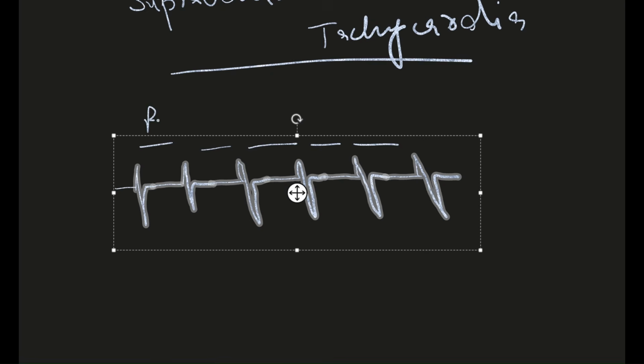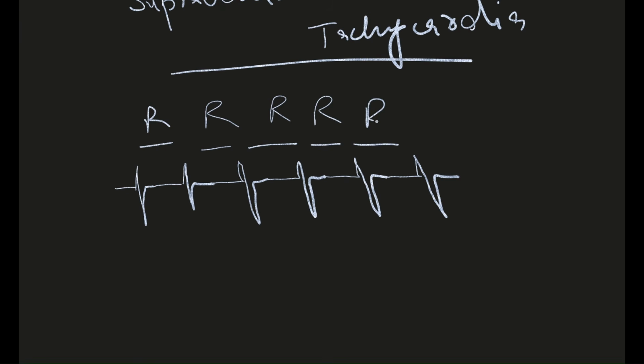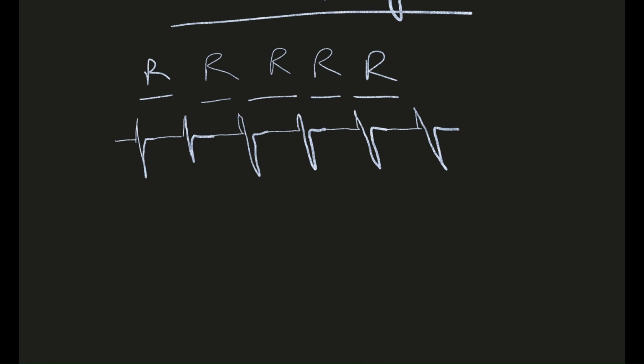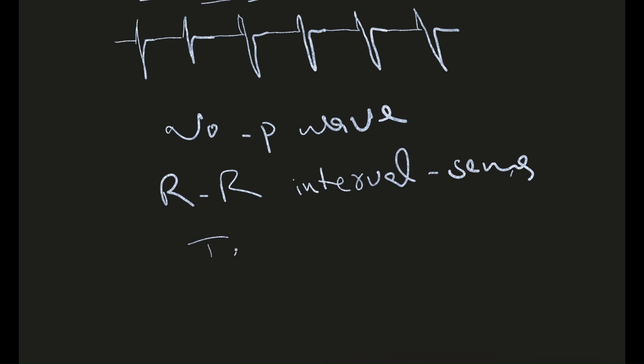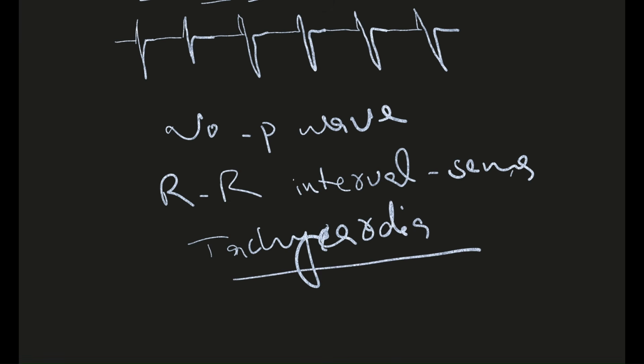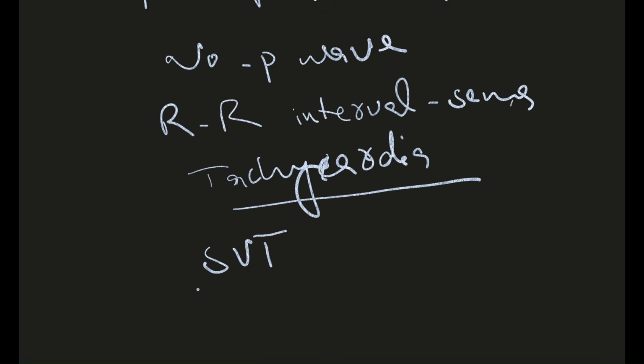If the RR interval is same for all the wave patterns, and there is no P wave, no P wave discernible, and patient is having high heart rate and tachycardia, then there is a very high chance that patient is having SVT.